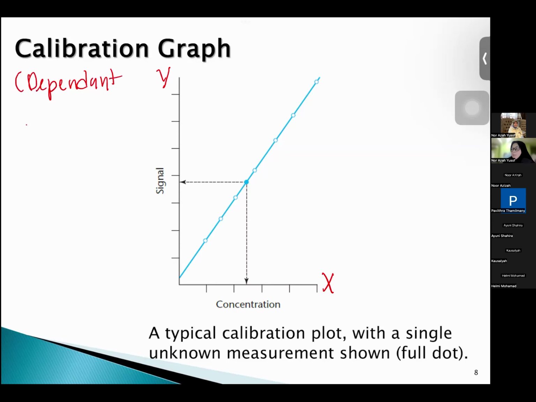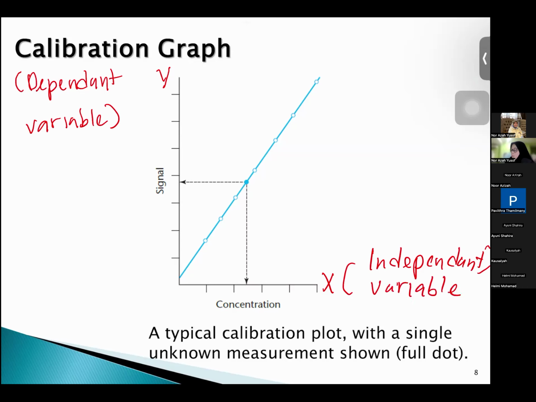And x will be the independent one. Why? Because we prepare the concentration of standard solution and we expect the determinate error is not there. There is not really so much error from the preparation.